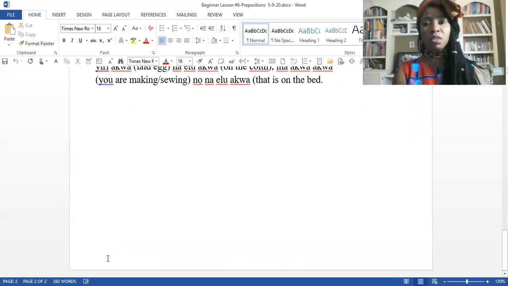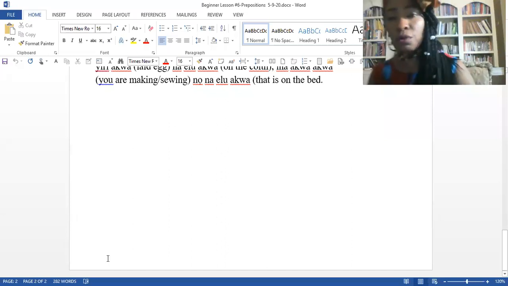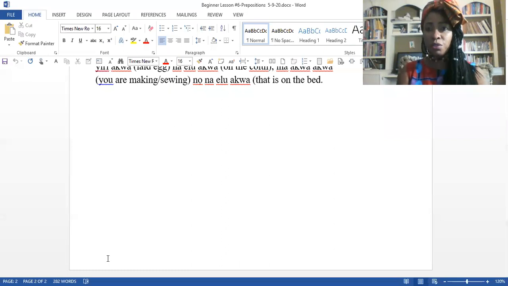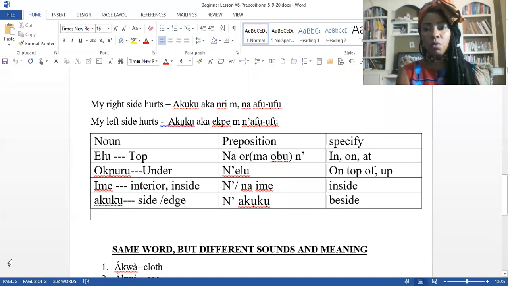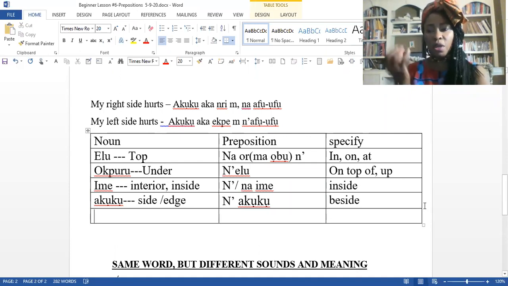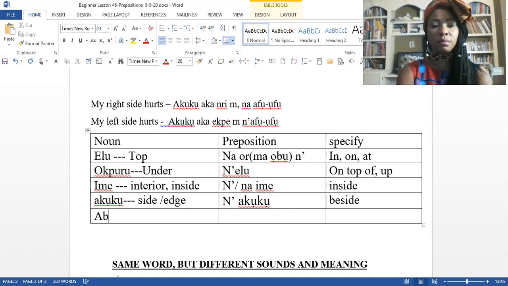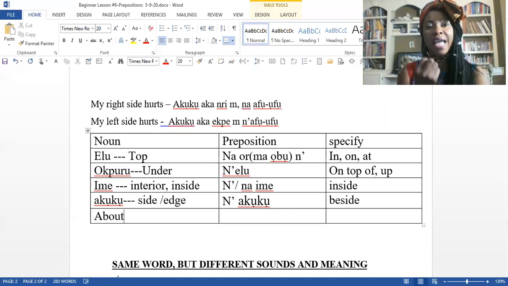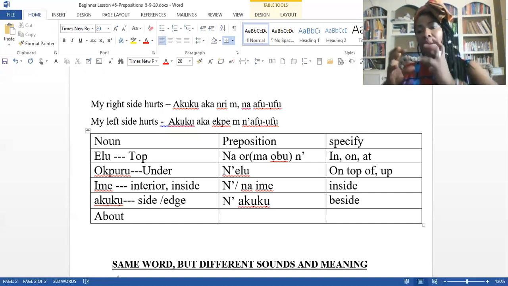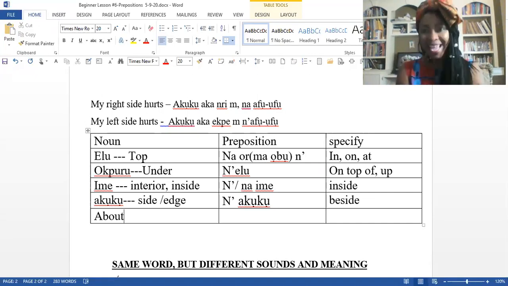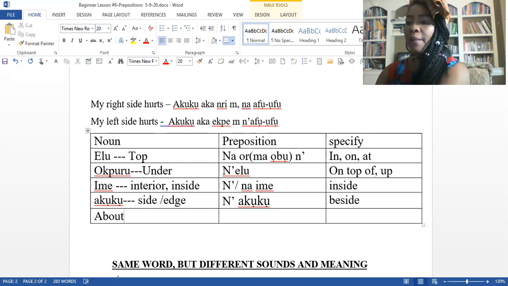We're going to move forward to the prepositions, trying to use them to join some words. Now, I know we did some before, so we're going to add more. When you use the word about, it's something like banyere.